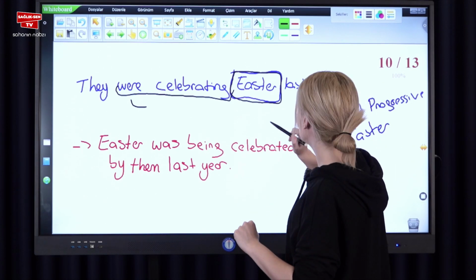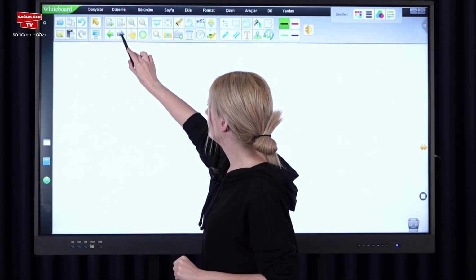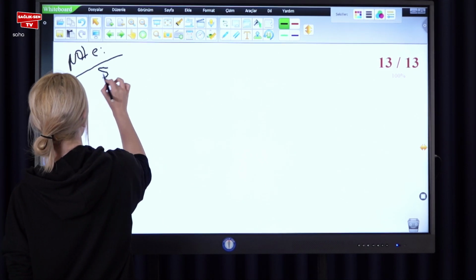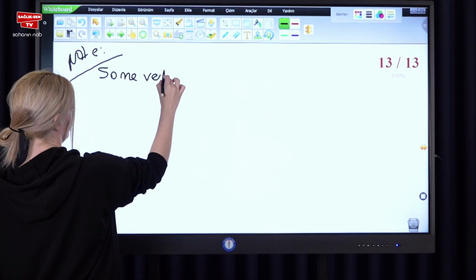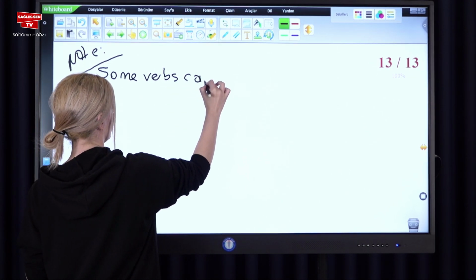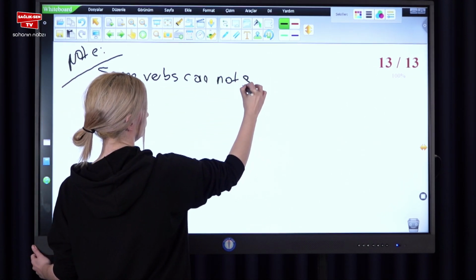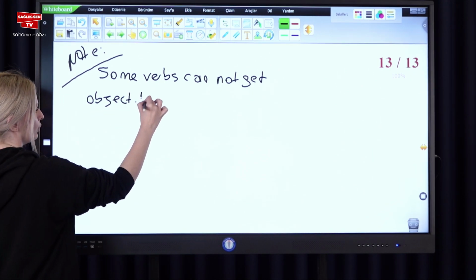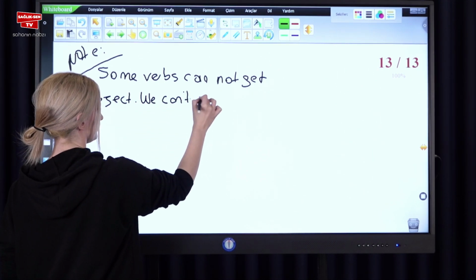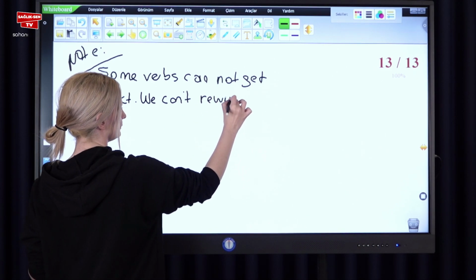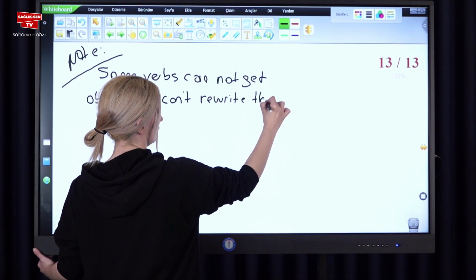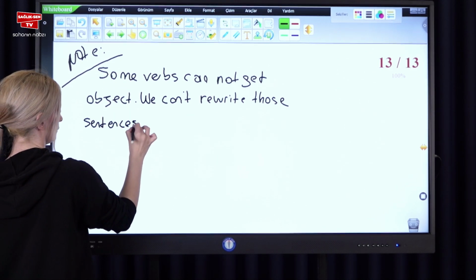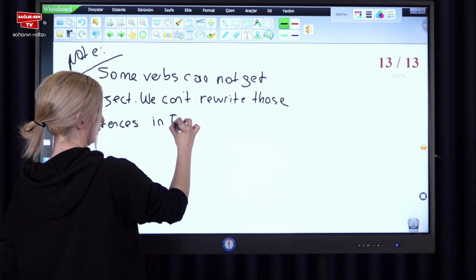By the way, a quick note. I will write it here. Some verbs cannot get objects, and we can't rewrite those sentences in passive voice.